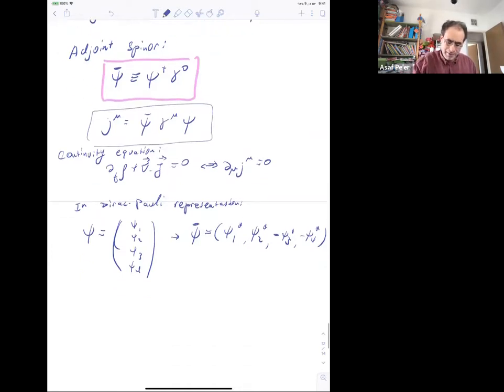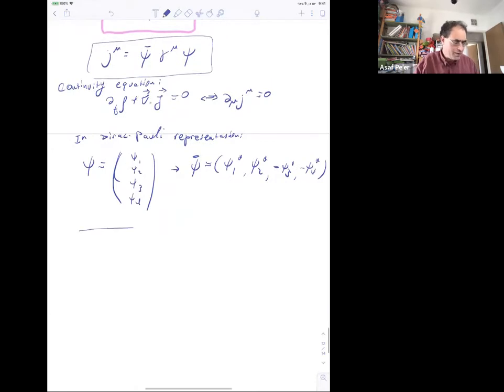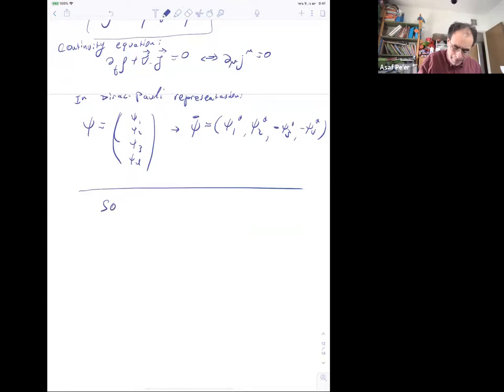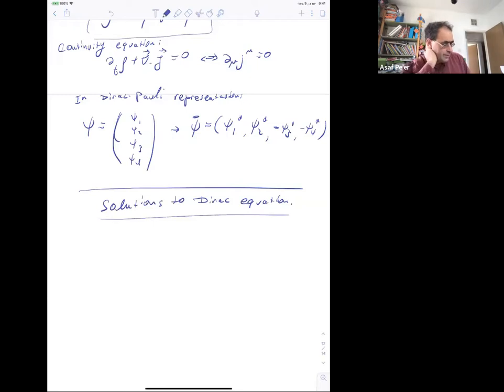Okay, the next thing we're going to do is solve the Dirac equation. So now let's look at solutions to the Dirac equation. Of course, we're going to follow the same approach that we did for the quantized Maxwell equation.